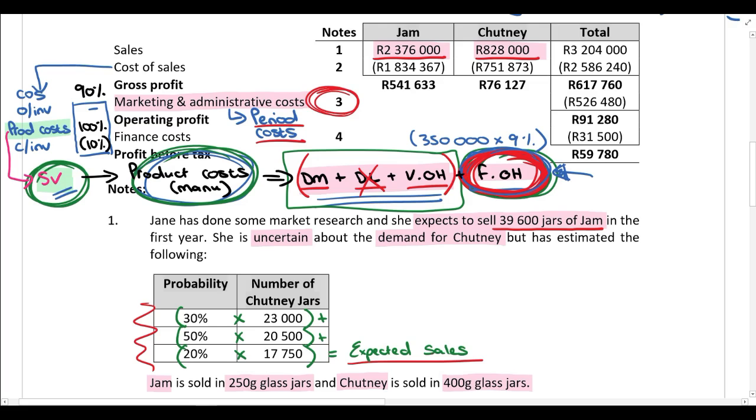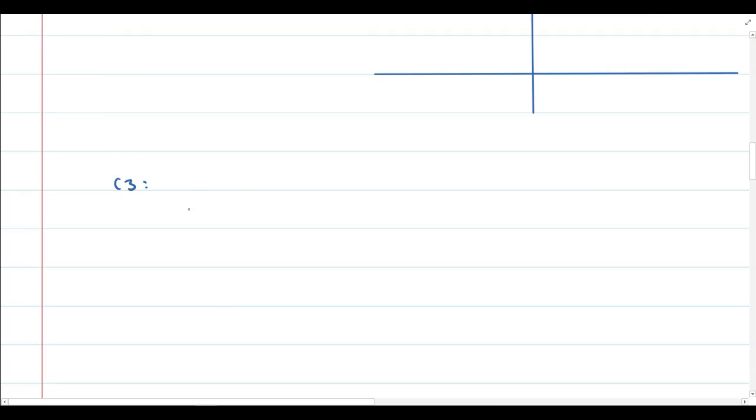Okay, so let's first calculate the expected sales for chutney, just by multiplying out all of those probabilities. There's a 30% chance that she's going to sell 23,000 units.